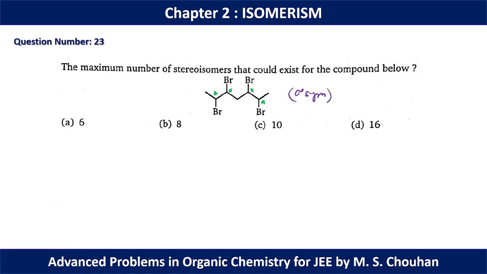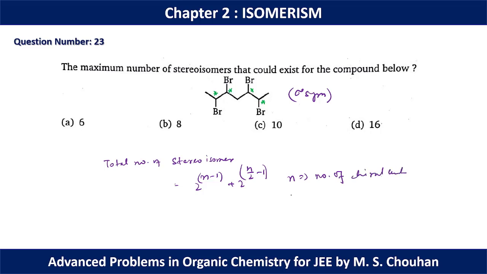So we can directly apply the formula for the total number of stereoisomers. It is 2 to the power n minus 1 plus 2 to the power n by 2 minus 1, where n is the number of chiral centers and n must be even.